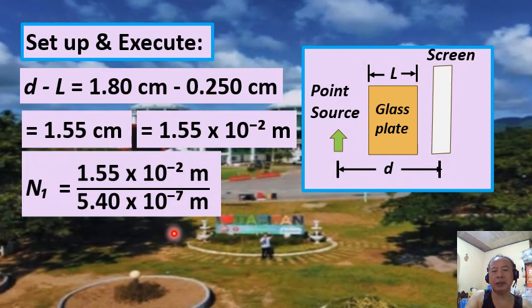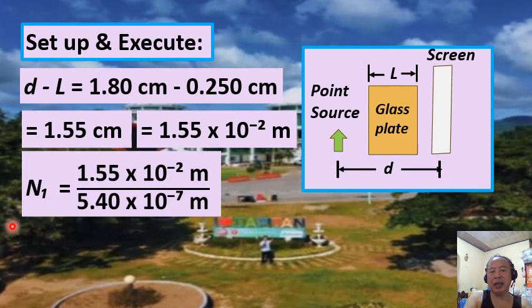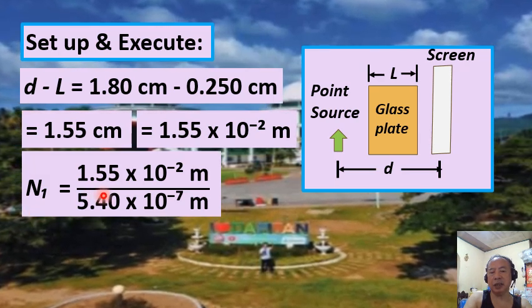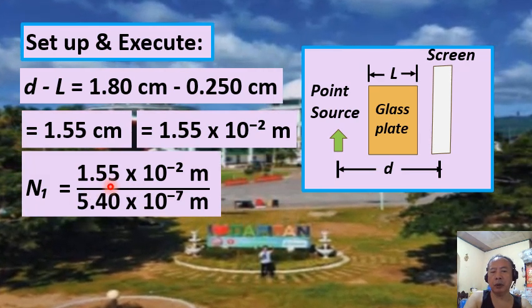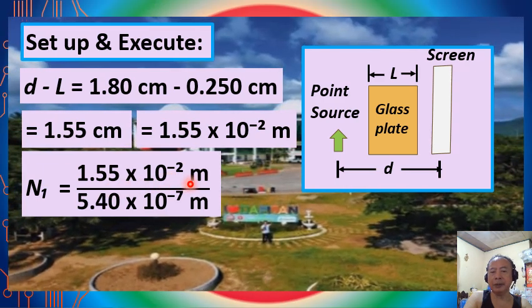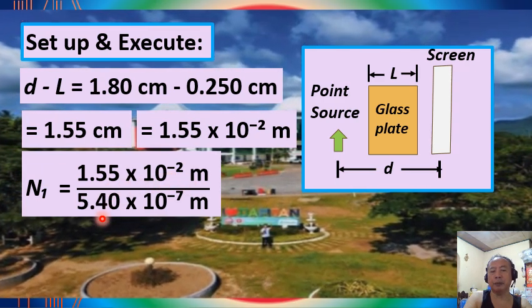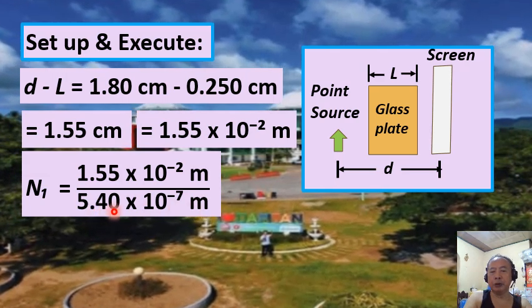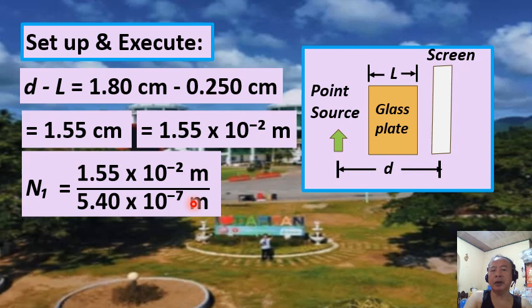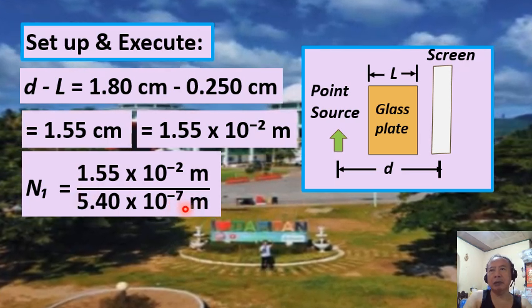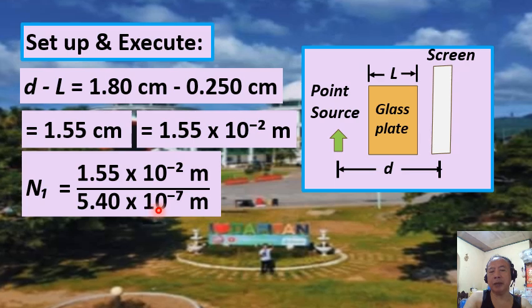So we denote that number of wavelengths as n sub 1. And that is just equal to 1.55 raised to the negative 2 power meter divided by 5.40 raised to the negative 7 meters. 5.40 raised to the negative 7 meter, remember, is lambda sub 1, or the wavelength of light in vacuum.